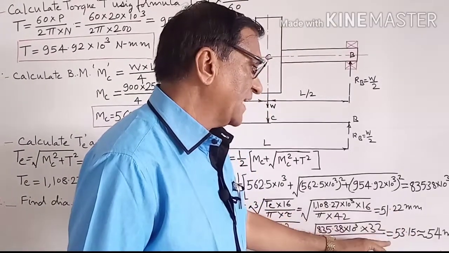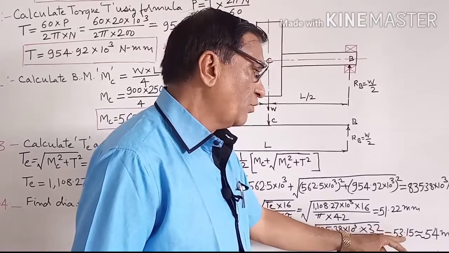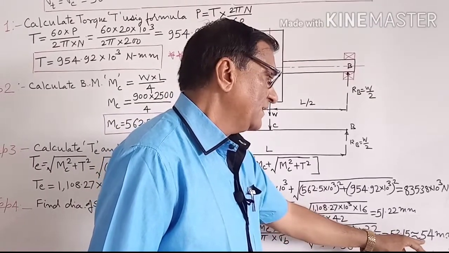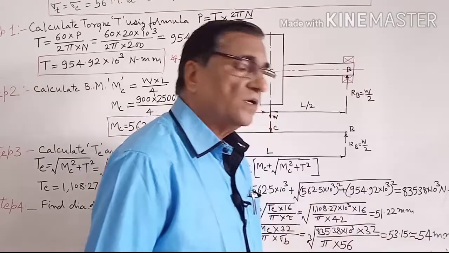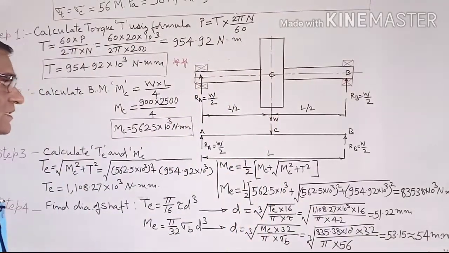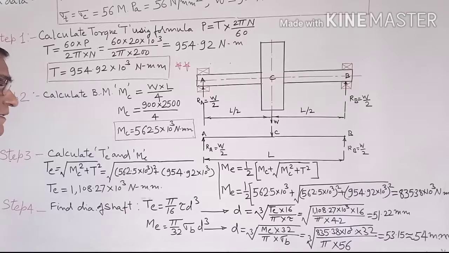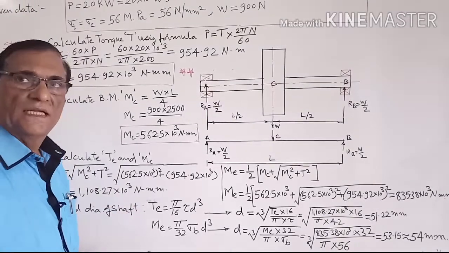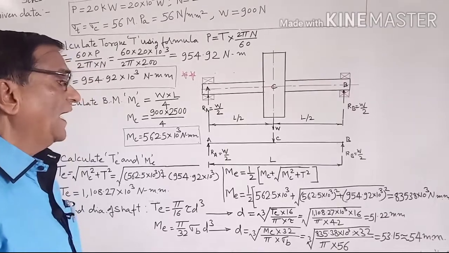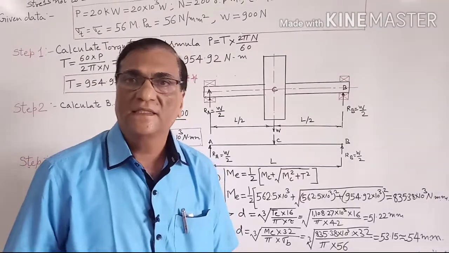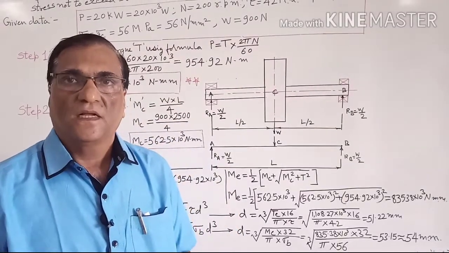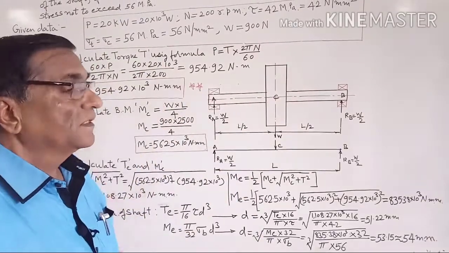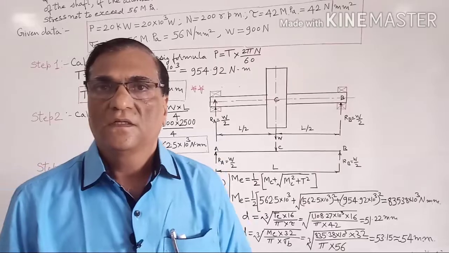We will take the larger value. 53.15 is the larger value, so we take the diameter equal to 54 millimeter. So in this way we have calculated the diameter by equivalent torque and equivalent bending moment, and finally we have taken the larger diameter. So this is all about the numerical problem.